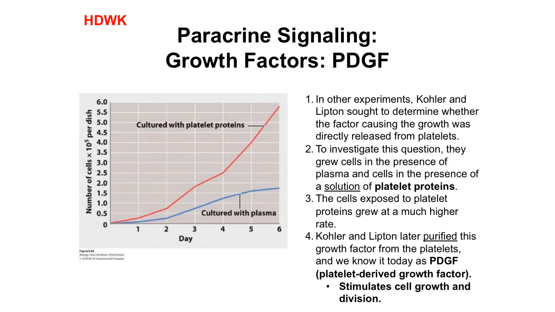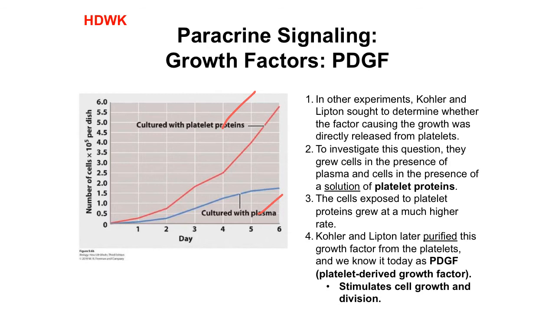So as good scientists, Kohler and Lipton followed up their experiment. And in these follow up experiments, they then sought to determine whether the factor causing the growth was directly released from platelets. So, in order to investigate these questions, they grew cells in the presence of plasma and cells in the presence of a solution of platelet proteins.